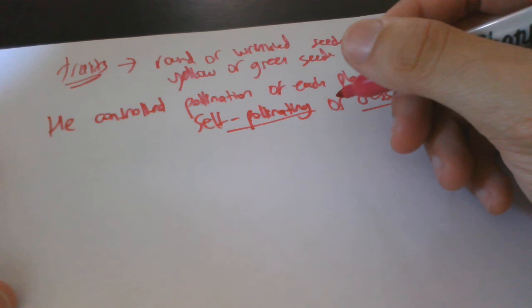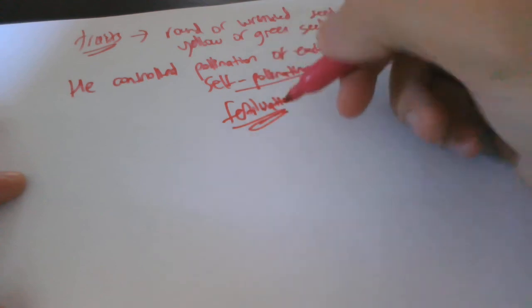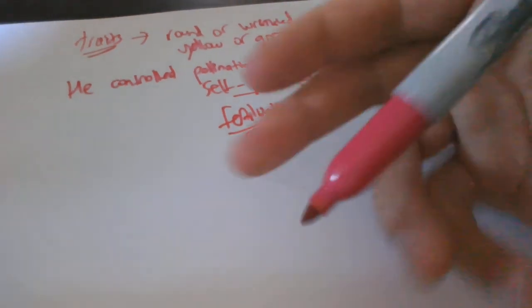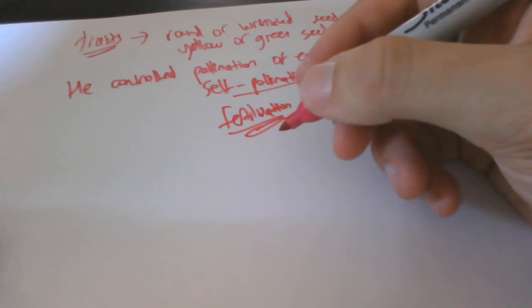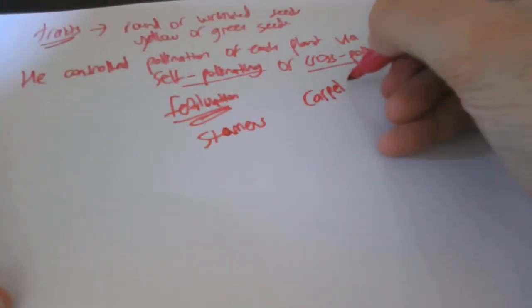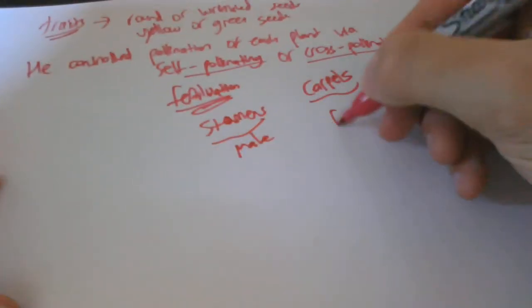Now, in terms of fertilization of plants, it's pretty much the same thing as in the case of humans. You need a male sperm and a female egg. And you've got what's called stamens and carpels. Stamens for male, carpels for female.